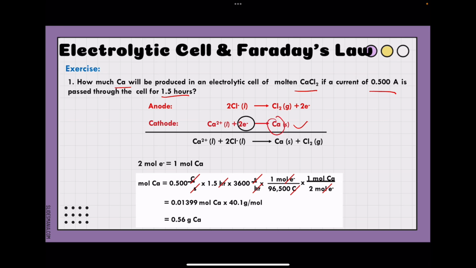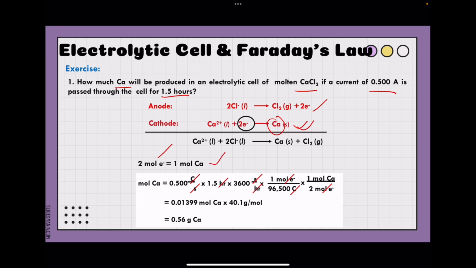Meanwhile, at the anode, chloride ions oxidize to chlorine gas. You can use Faraday's law and stoichiometry ratios to solve for the mass of calcium produced. From the half cell at the cathode, the stoichiometry ratio shows that 2 moles of electrons equal 1 mole of calcium metal.